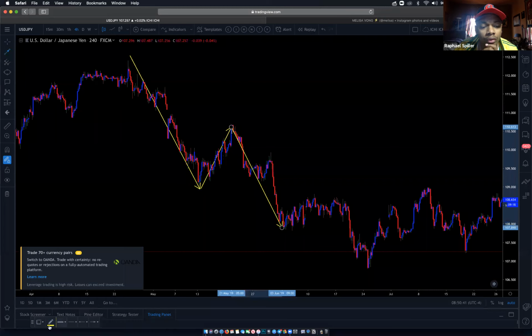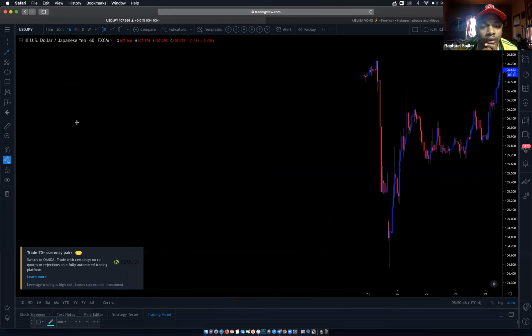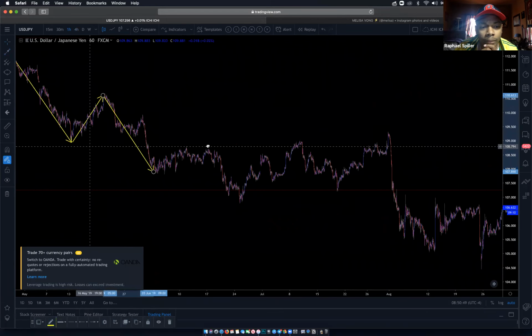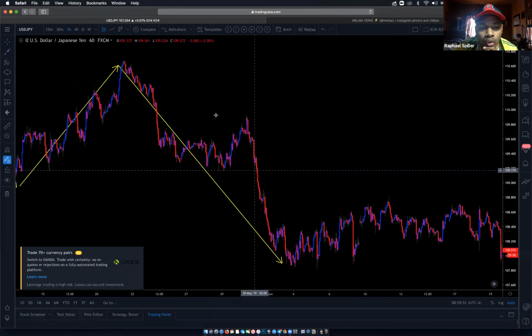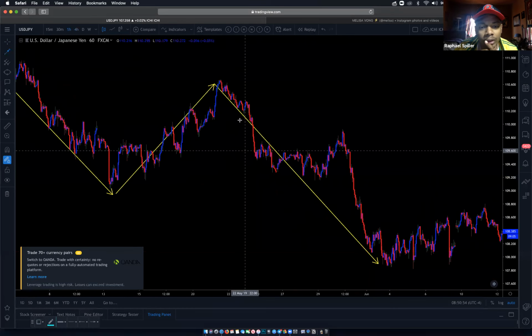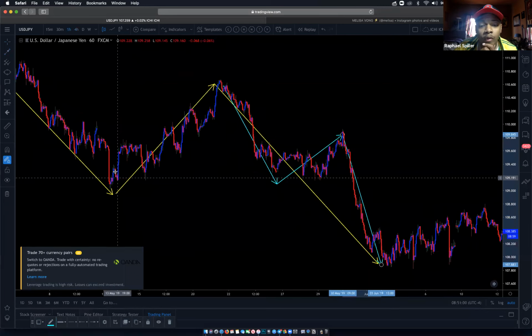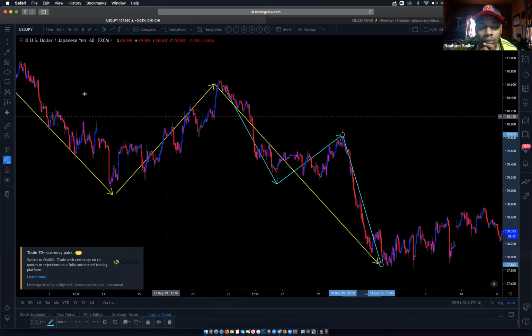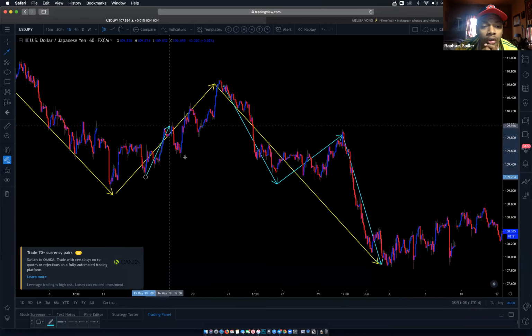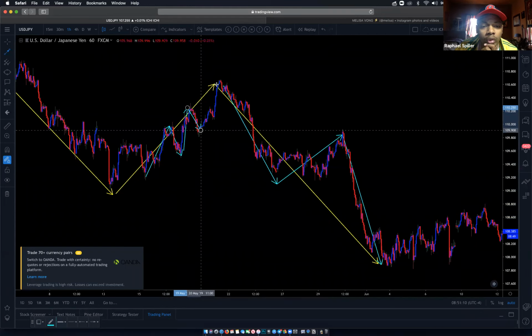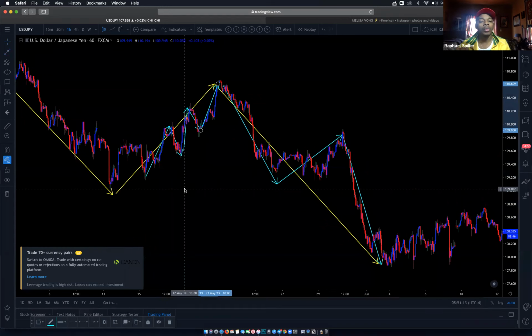But you see here, on a smaller time frame, on the 1 hour, there are smaller moves in between here. You have this move, and this move, right? But on the 4 hour, this was all included. And on the 15-minute, you have smaller moves as well. So you have to look at the market and simplify it.